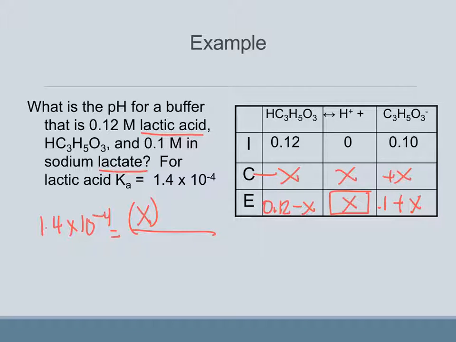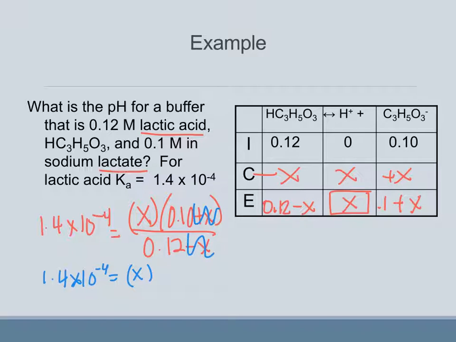That is equal to our products, 0.10 plus x over 0.12 minus x. We look at our values and see that our x terms are added to numbers on the order of 10 to the negative 1, while our Ka is 10 to the negative 4. So we make the assumption that these x's do not contribute. We have 1.4 times 10 to the negative fourth equals x times 0.10 over 0.12.